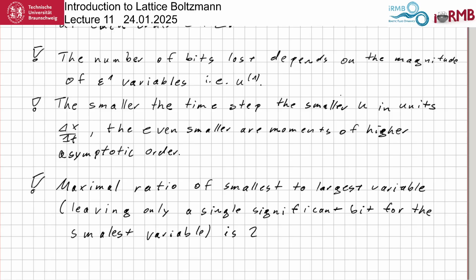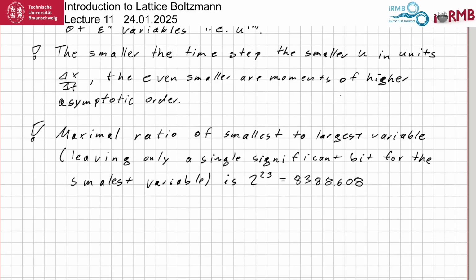So this ratio is 2 to the power of 23, which is, okay, I'm too stupid to read it, so I write it. So this is this number. So this is thousands. So it's 8 million, 8,380,000 roughly.